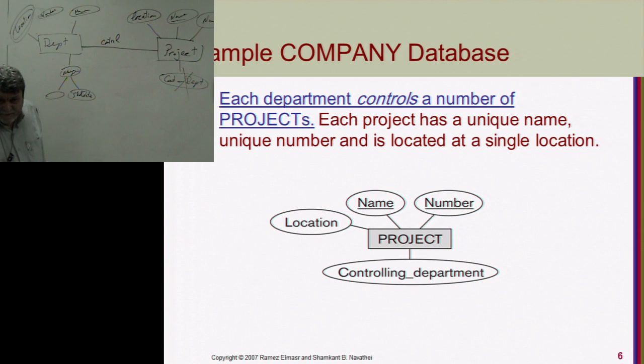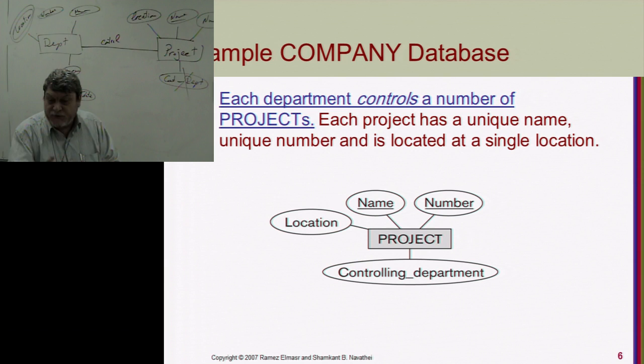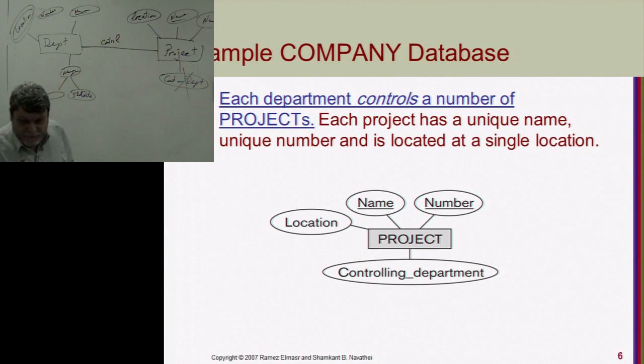Got it? If the first moment you think of this as an attribute, that's fine. But if this attribute is one occurrence of another entity type that's already identified or will be identified after you finish the whole exercise, then you have to replace it by a relationship.